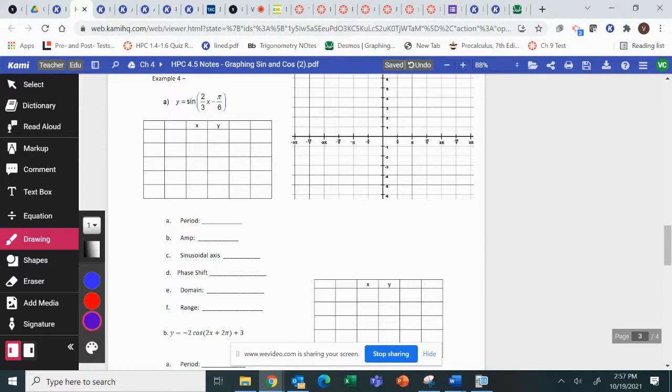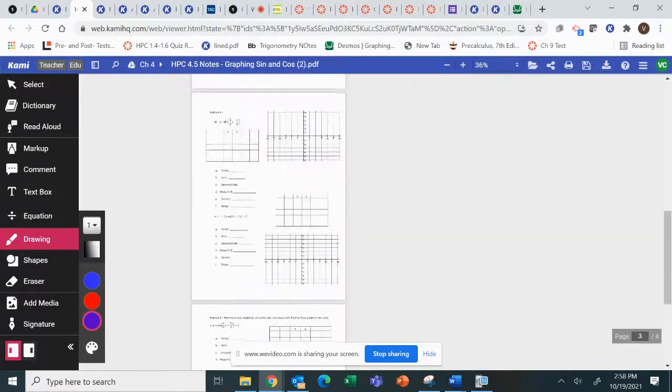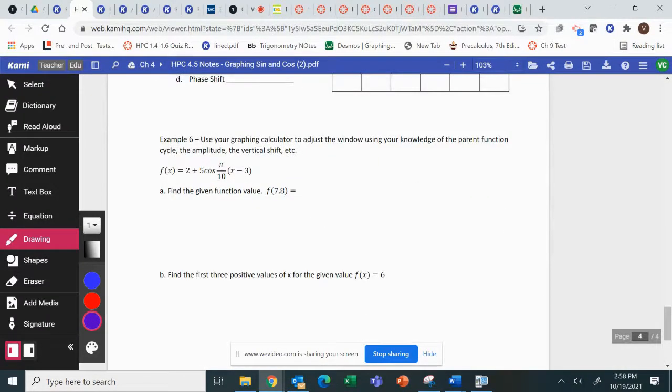You can answer some of those questions if you don't want to have more to do tomorrow night. But then tomorrow we're going to do the graphs. So we'll have like three examples tomorrow. And then on Thursday, we're going to do example 6. So this is a 3-day process for us.